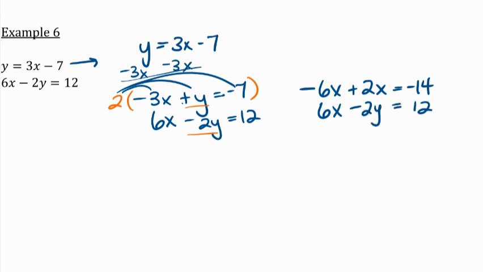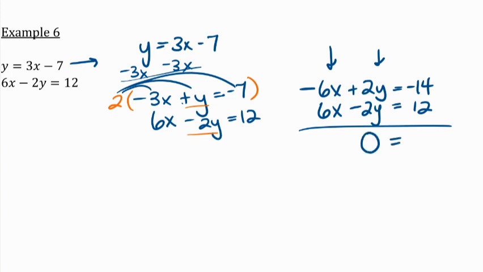Now, hopefully you're noticing something on this one. Look at our x's and our y's. They're both going to eliminate this time, right? -6x and positive 6x, that's 0. 2y and -2y, sorry, it should be a y, that's also 0. So there's nothing left on the left side, it's just 0.